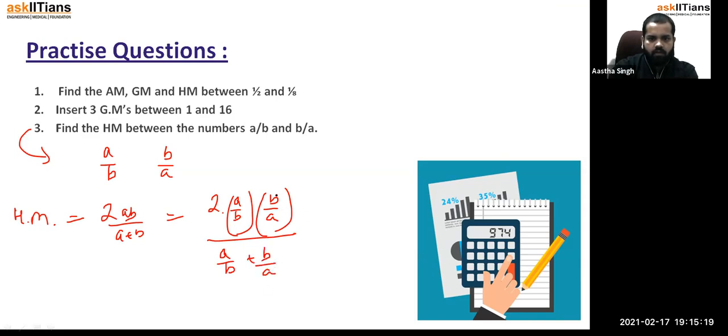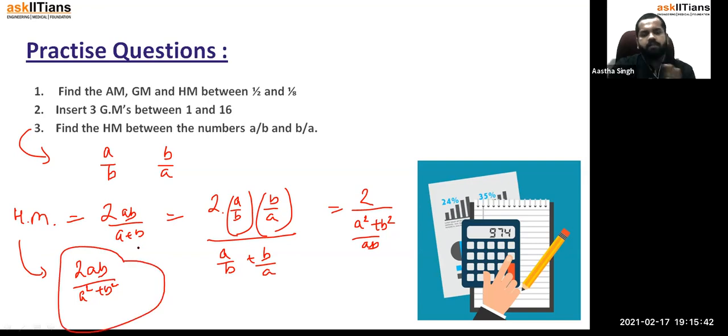This whole term will cancel out, so only numerator 2 will be there. In this case it will become A square plus B square upon AB. So hence your HM will be 2AB upon A square plus B square in this case, right?